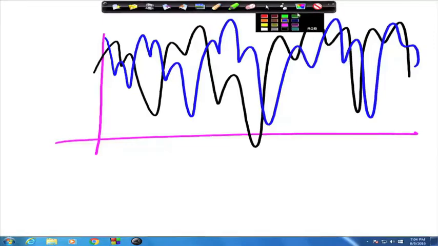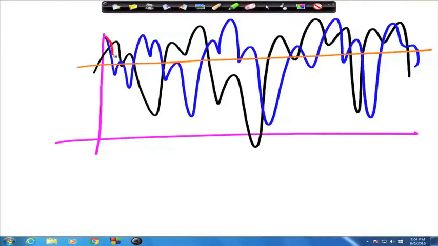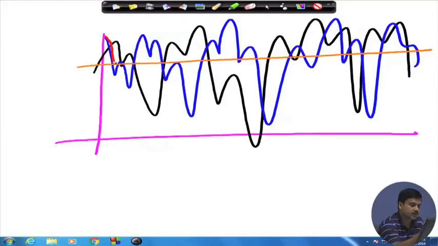Suppose we have decided on a threshold which is here. In that case, the combiner would work like this. It is going to select one branch, and it is going to go with that branch until the signal falls below this threshold, because the signal is pretty good. When it falls below the threshold, then it jumps to the next one and follows through.